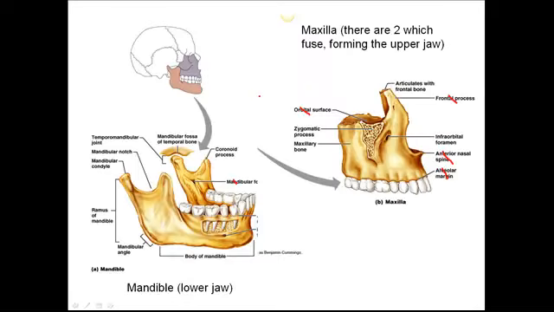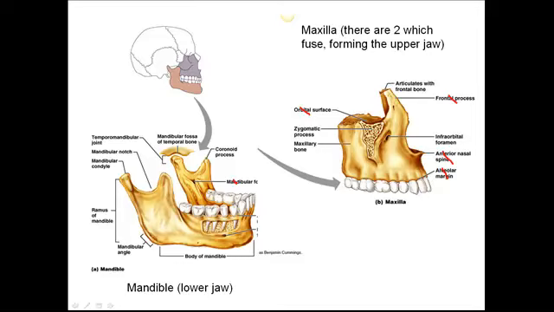Here's the maxilla here. This is your upper jaw. We have an infraorbital foramen, the zygomatic process of the maxillary bone. Right. That's about it.